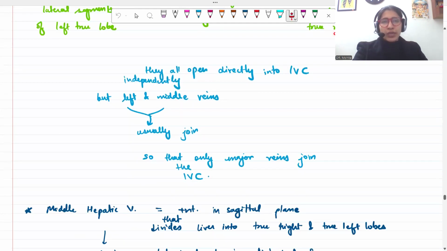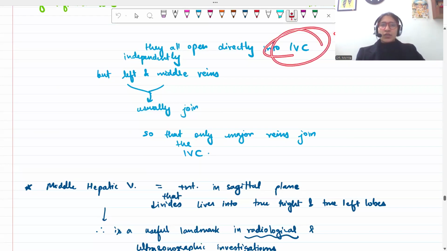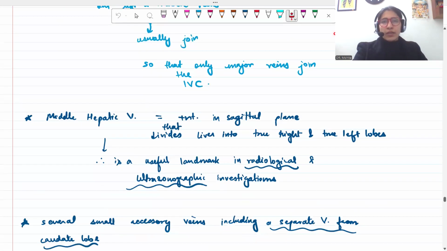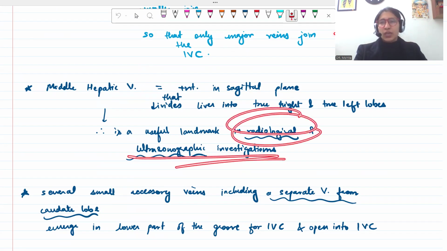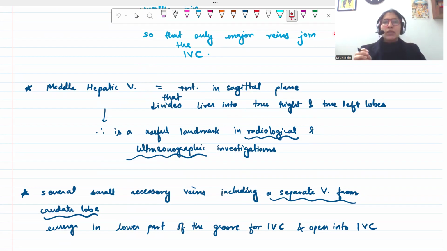They all drain into the inferior vena cava. Also, the middle hepatic vein is present in the sagittal plane because it divides the right and left true lobes. So it is of great radiological, ultrasonographic significance, because this vein will be present between the two lobes. It will be a good demarcation. Got it? Let's move forward.